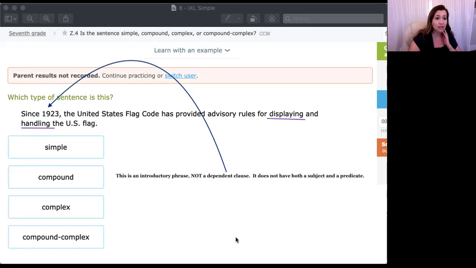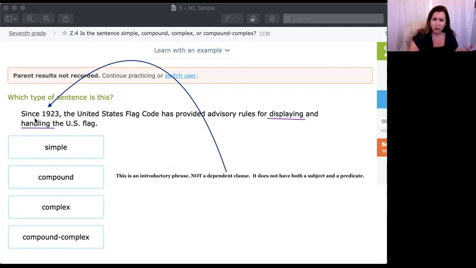So it is: Since 1923, the United States Flag Code has provided advisory rules for displaying and handling the US flag. So what's happening here? Are we starting with a dependent clause? Well, "since 1923" and then a comma kind of makes people think, oh, that's a dependent clause, which means maybe we're dealing with a complex sentence or a compound-complex sentence.